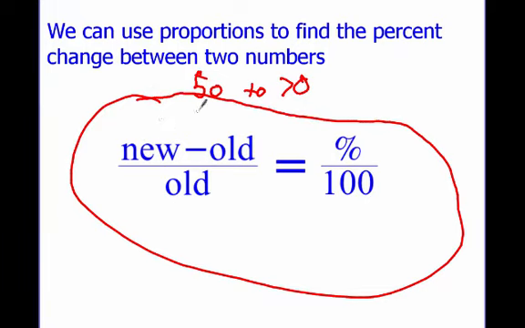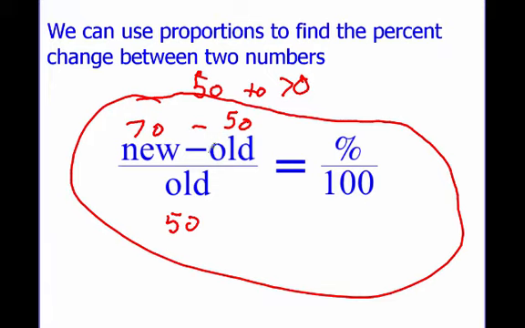And what we're going to do is take our new value, in this case 70. We're going to subtract our old value, in this case 50. We're going to divide that by the old value, 50 again, and that's going to equal our percent over 100. We're trying to figure out what percent of our original value is the change.